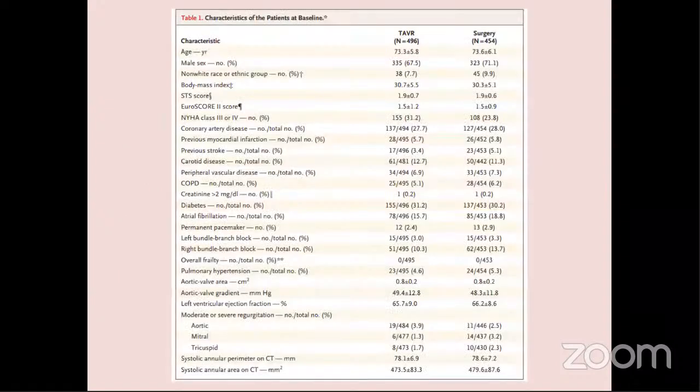So the characteristics of the patients were well balanced between the two groups. But look at the mean age. Yeah, 73. And then look at the sex. What's the difference between the sex here compared to PARTNER 2? The males here are more than in PARTNER 2. Why do you think?